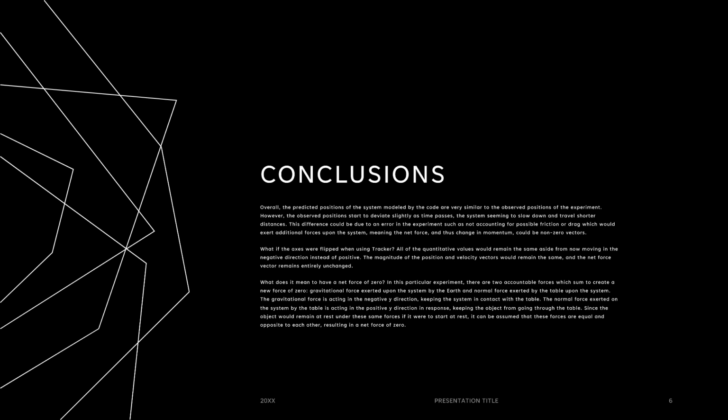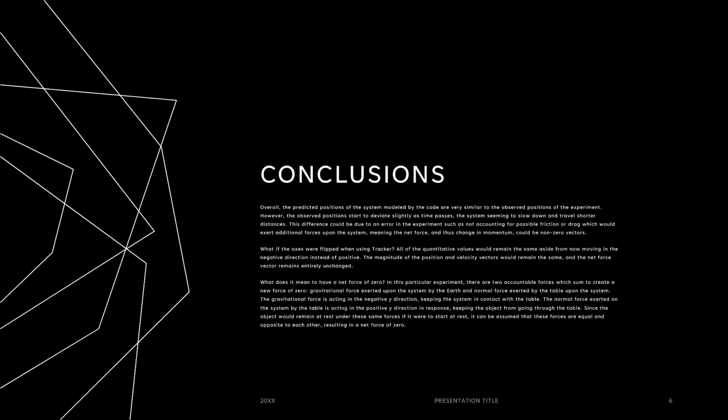In this particular experiment, there are two accountable forces which sum up to create a net force of 0: the gravitational force exerted upon the system by the Earth, and the normal force exerted by the table upon the system.